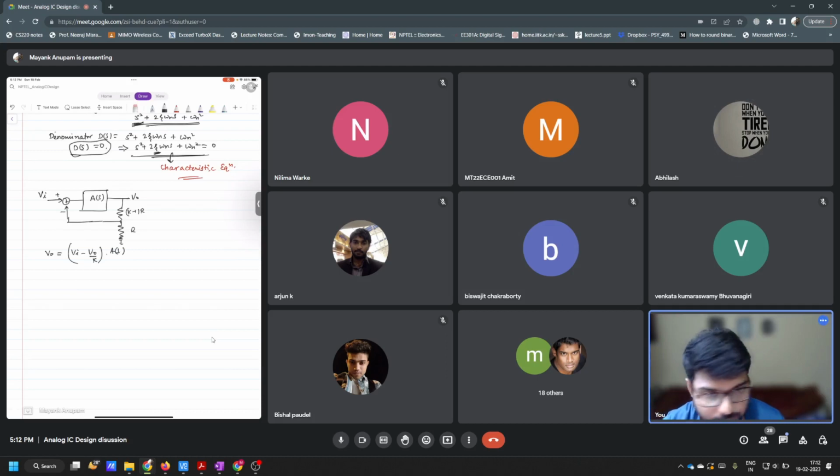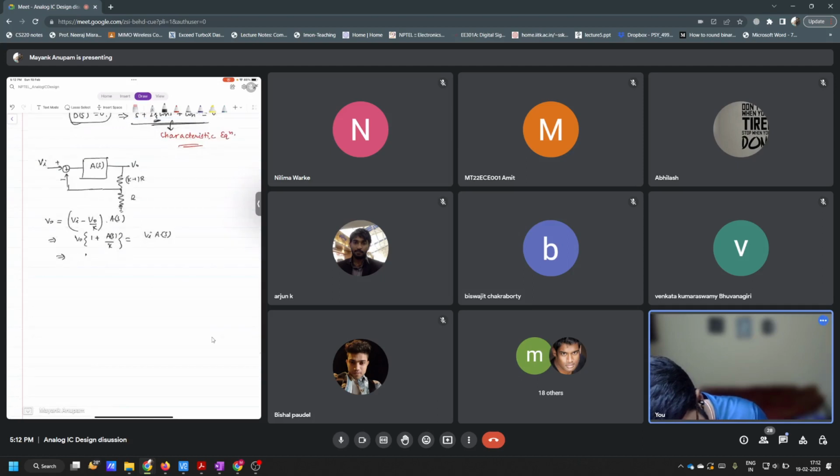This is for this system. So from here what you will get? V naught into 1 plus A of S divided by K is equal to Vi into A of S, correct? From here you will get V naught by Vi is equal to A of S divided by 1 plus A of S by K, correct?